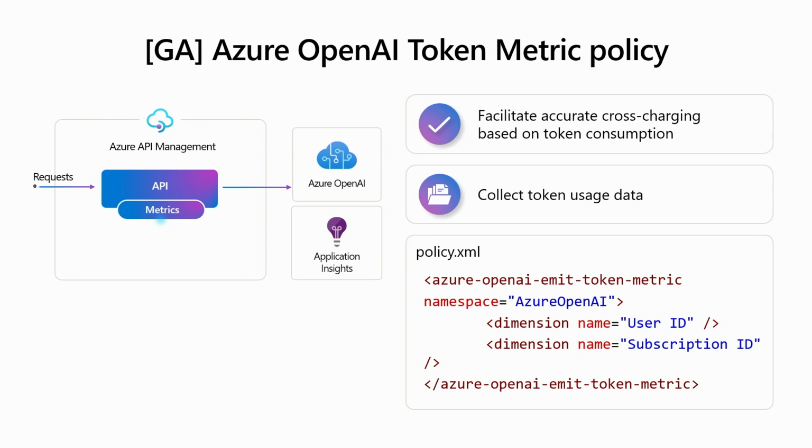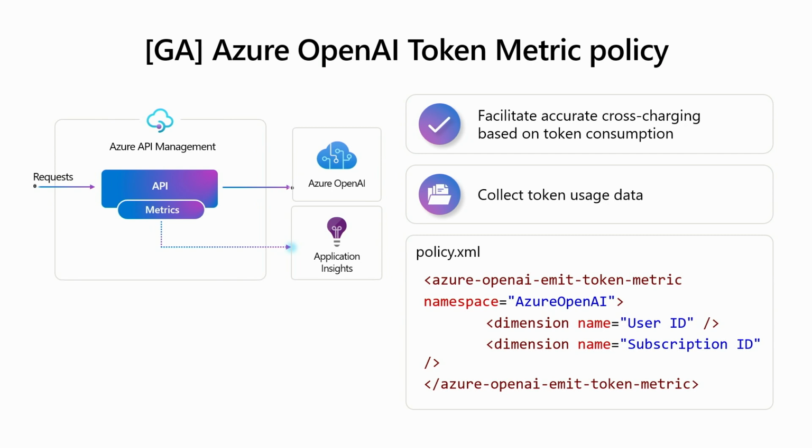What this allows you to do is look at usage as the calls come into API management, and those are going to get logged as metrics into Application Insights. You see a policy here with dimensions.